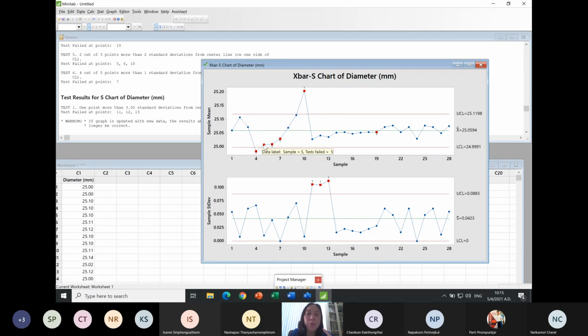The first point is subgroup number 4, which is beyond zone A, and subgroup number 5 is the second point that violates this rule, which is in zone A. So subgroups 4 and 5 are the evidence that during these 2 hours the mean of the diameter shifted down, because they are on the lower side of the control chart, right?